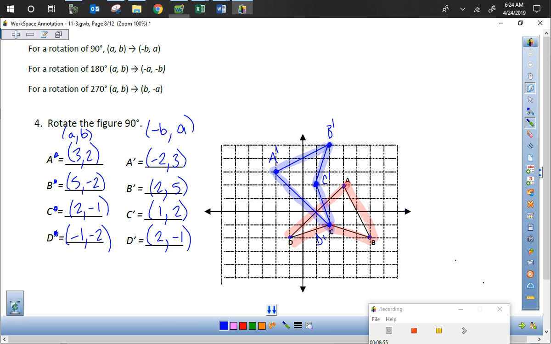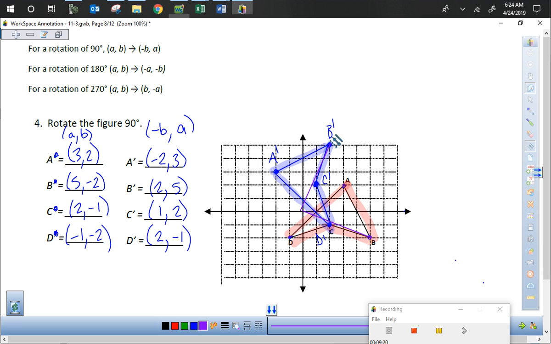And just like I showed you in the first one, just to check yourself here, you're trying to look for a 90-degree angle when you connect A to A prime through the origin. Okay, so I'll draw it in on here. You don't really have to. Just trace it with your pencil. Check it. See, if you go to the origin and back, does that form a right angle? Okay, it has to. Same thing with B to B prime.